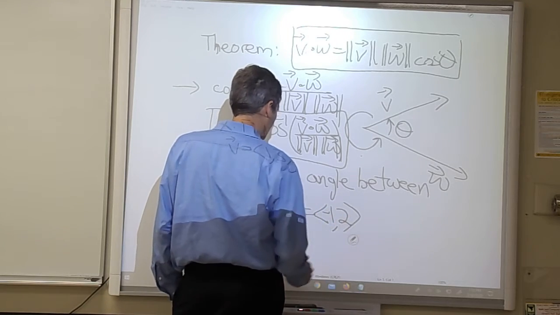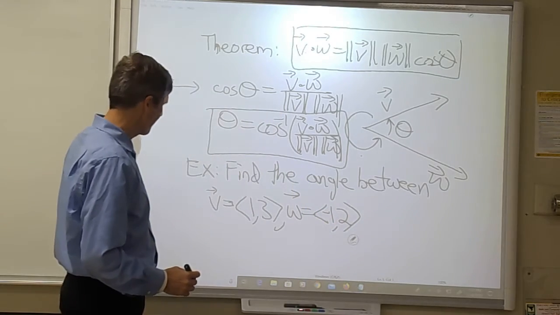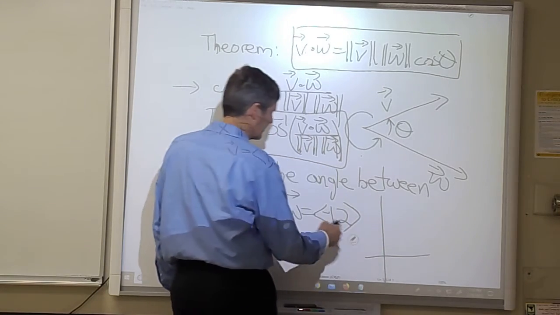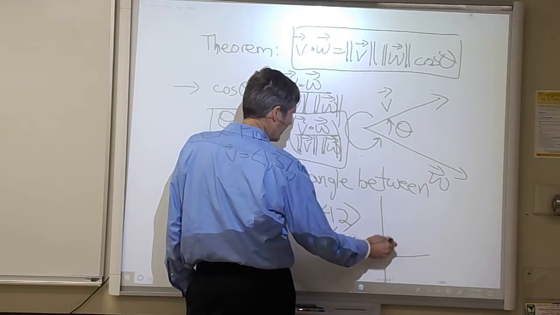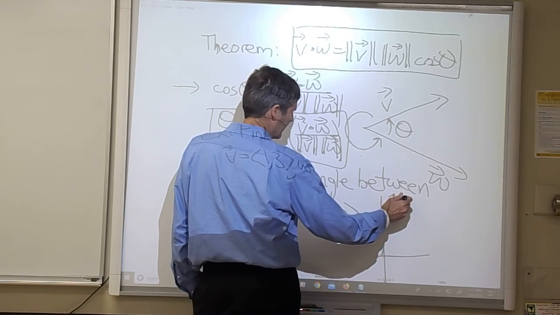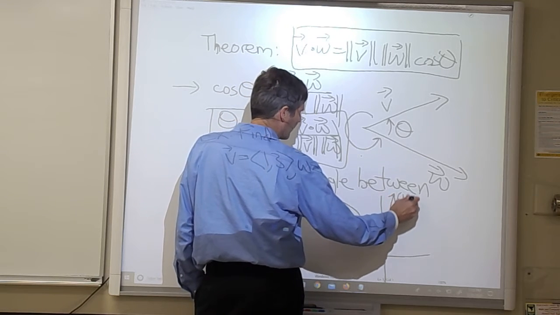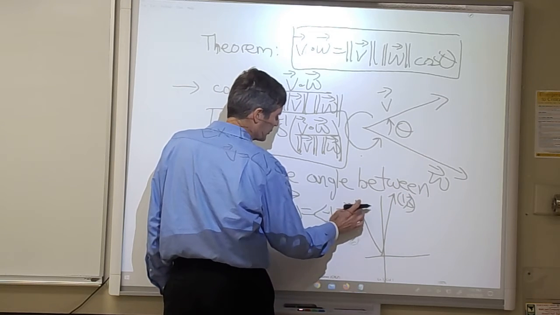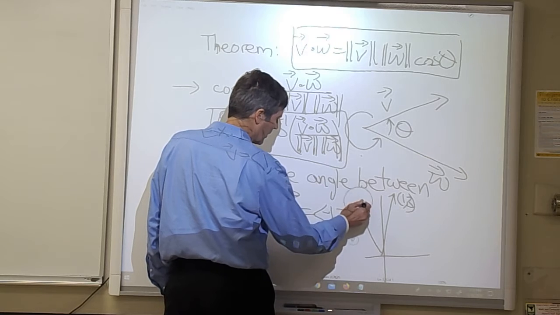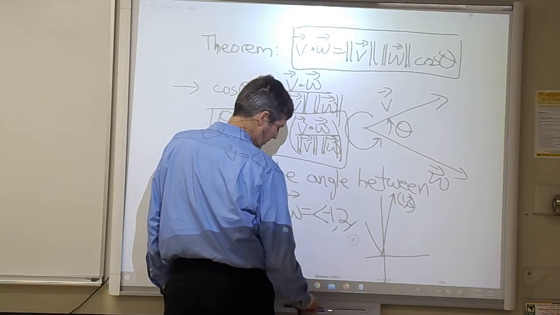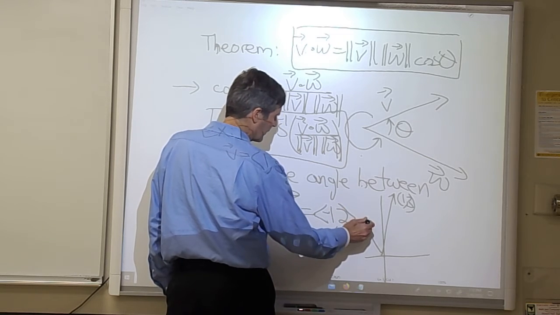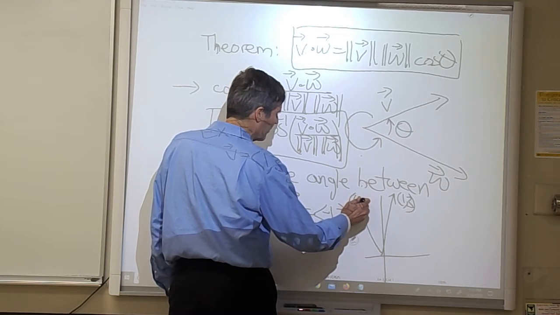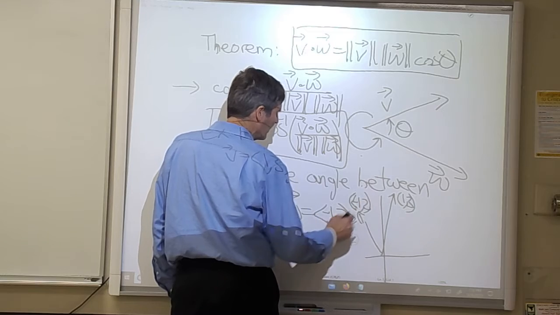What could be the angle between those vectors, do you think? If you drew them in the plane, these vectors have two components, so they're plane vectors. One of them goes up to the point (1, 3), if it's drawn at the origin. The other one is shorter, and goes over to the point with coordinates (-1, 2).